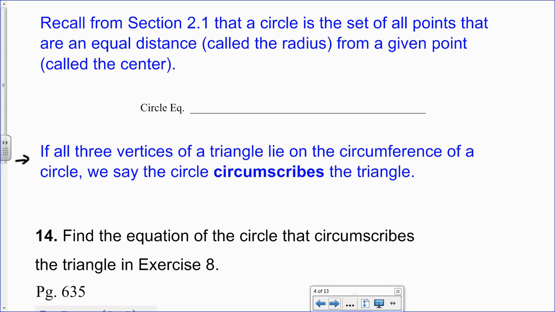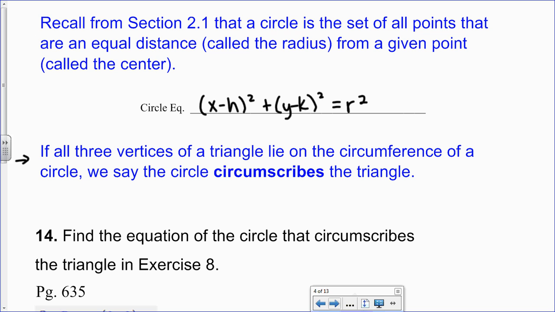So first, let's remember what our circle equation is. The definition of a circle is the set of all points that are an equal distance from a given point.